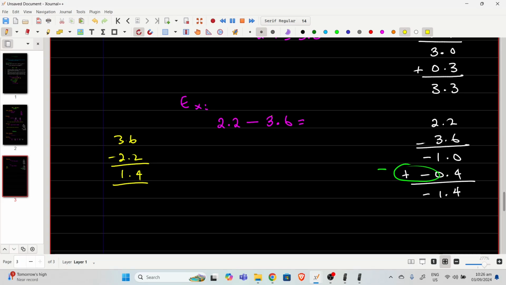But recognize that you switch the position of this to the front with the minus sign. So that means your answer is going to have to be negative to account for that. All right, so if you switch to the front and you do the subtraction, you're going to have to account for that by putting a negative sign in front of your answer. So your answer is going to be negative 1.4.